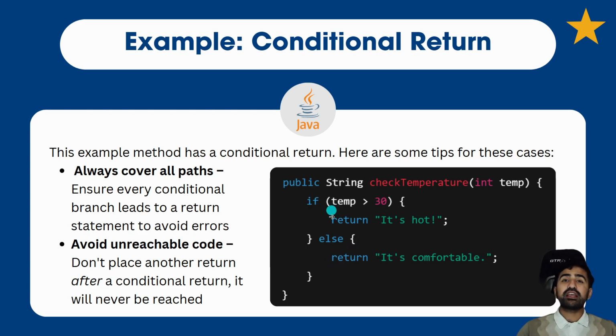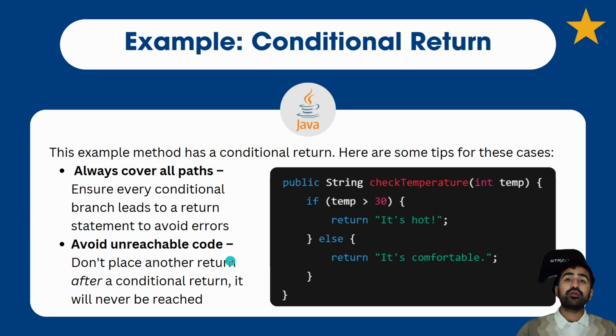And that's a common mistake when you're using conditionals as a return. You might forget to put the return in the else statement. That would trigger an error. Maybe you forgot to put the return in the if statement. If it's a really long one, maybe it's a switch, or maybe it's if, else if, else. If you forgot to put a return on one of those branches, it will trigger an error. So yeah, ensure every single branch leads to a return. Otherwise, you'll get an error.